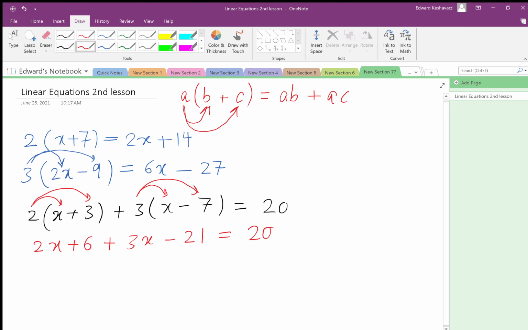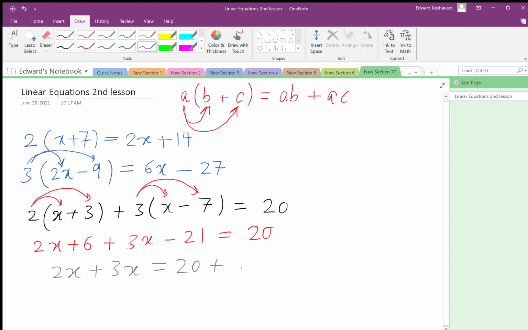I'm pretty sure that you learned in the first lesson that we need to move all variables to one hand side and all numbers to the other side of the equal sign. It doesn't matter which side, but we keep the variables at the left side. So 2x is already here, 3x is already here, 20 also is at the right side already.